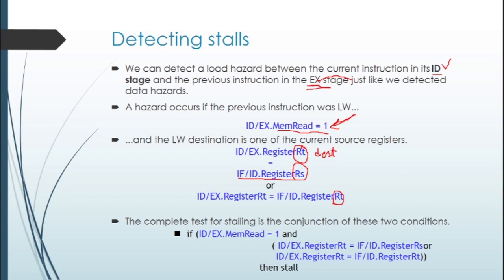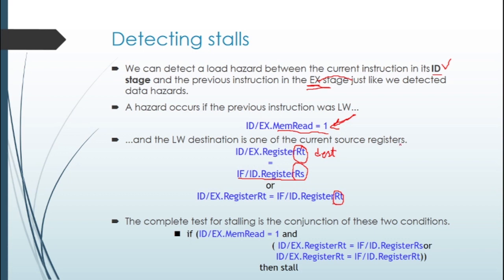If the destination is the same as the current instruction's source register RS or RT, this is a case of a load data hazard, and we'll have to stall the pipeline to make it work.